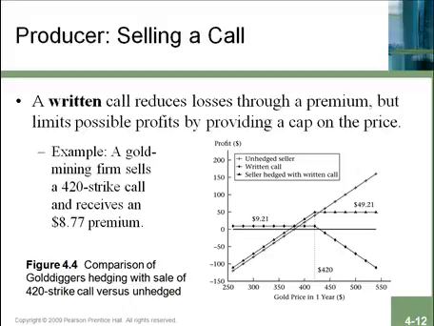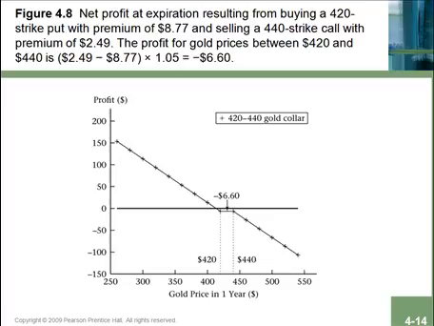Nevertheless, you might do something like this if you wanted to engage in a collar type strategy. This is one thing that the firm could do. For example, let's say that the company wanted to use a collar by purchasing a 420 strike put option on gold with a premium of $8.77 and simultaneously writing a $440 strike call option on gold with a premium of $2.49.